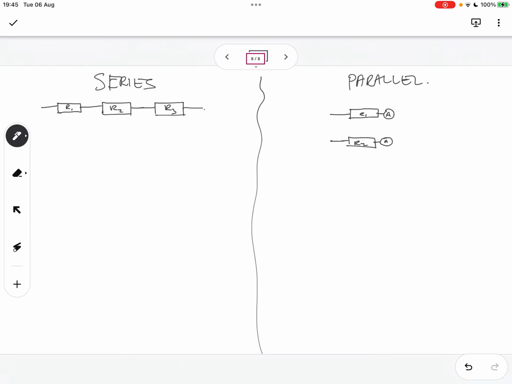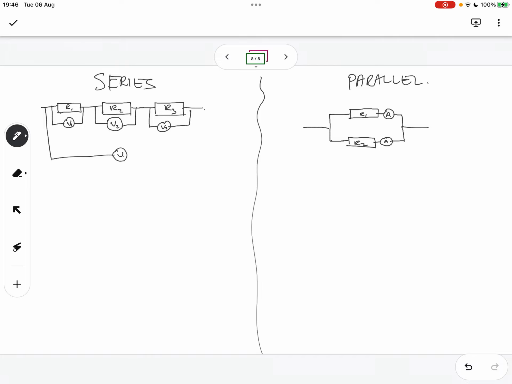These diagrams just summarize but also illustrate how we place things like resistors, voltmeters, and ammeters in a circuit, right? So here, the voltage would be different at each resistor, and it's always measured in parallel.